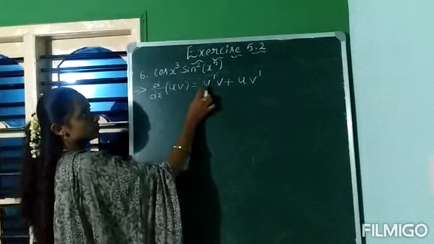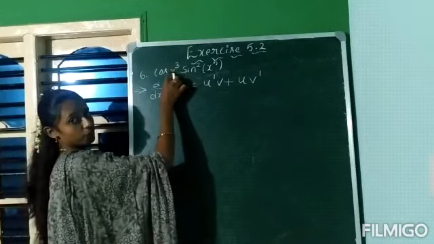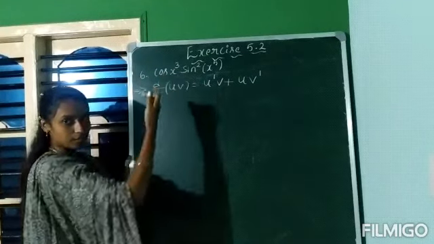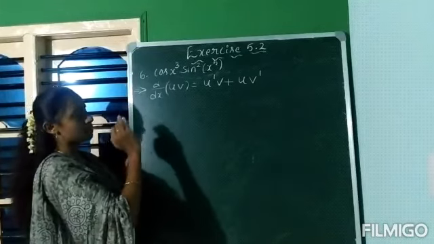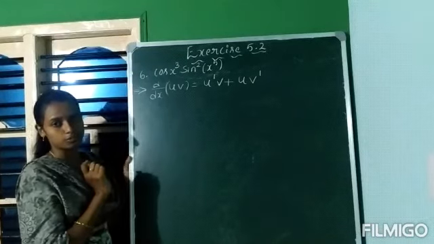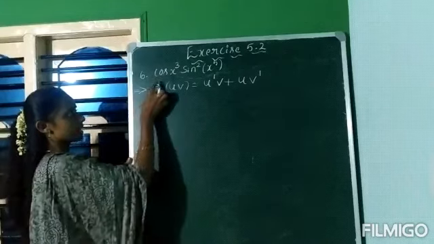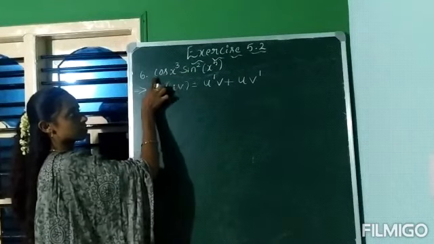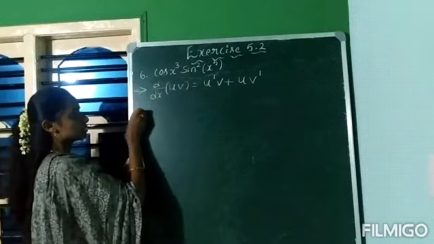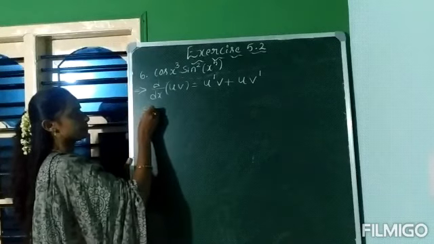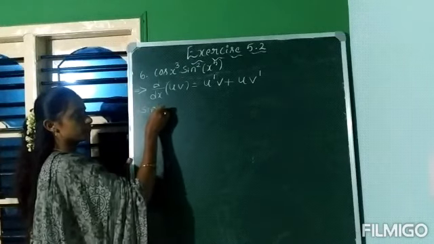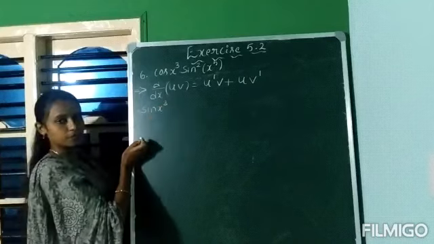Now u is cos x cube. We need to differentiate that. So I'll go with the alternate method. I'm not going to use the chain rule. So here, the derivative of cos x cube: first differentiate cos, which is minus sine. For this function the variable is x cube.